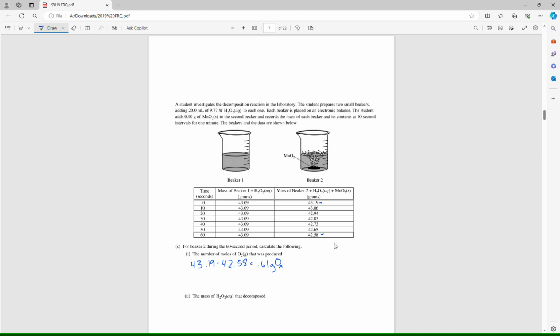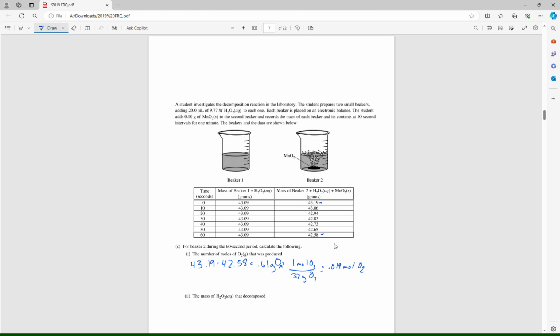Then we're going to multiply that by the reciprocal of the molar mass of O2, which is 32 grams per mole. So 1 mole of O2 for every 32 grams of O2. We use 32 grams instead of 16 because it's O2, not just O. And that gives us 0.019 mole O2.